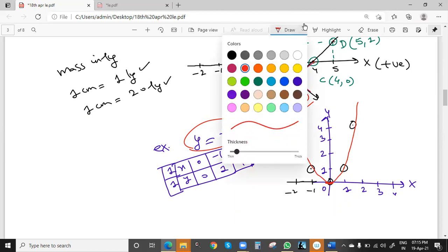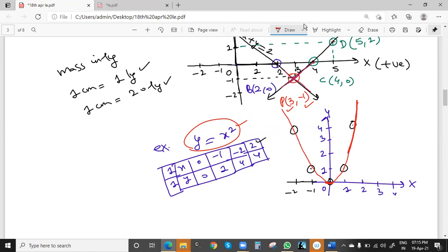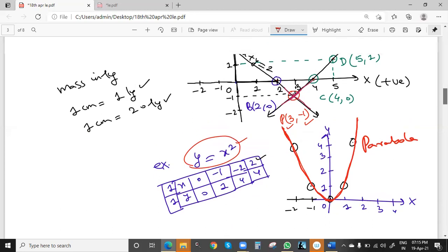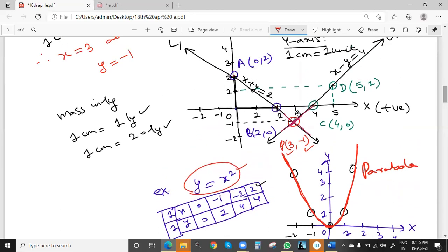This was the graph when we have degree 2. That's why you call this graph a parabola. Understood? For degree 1 it will be a straight line. So just taking the values and plotting the graph will give you the nature of the graph.